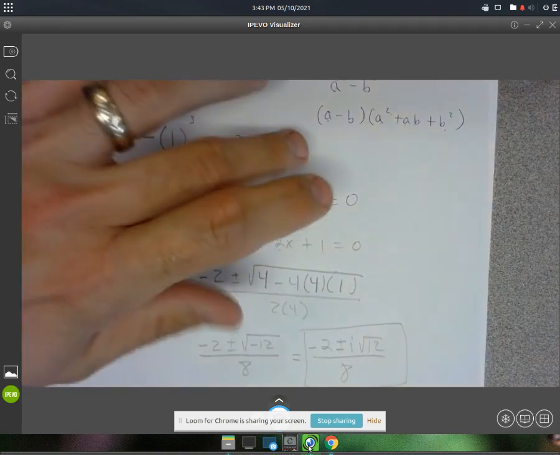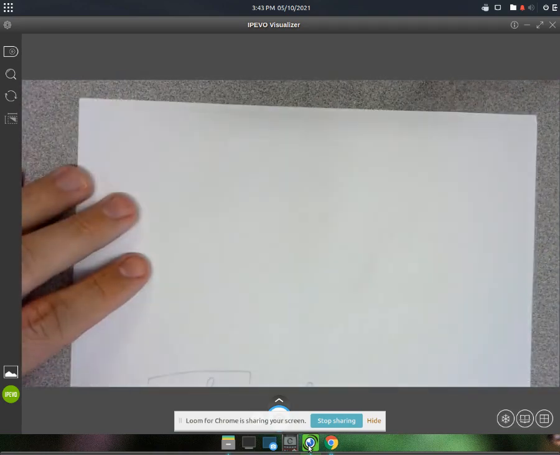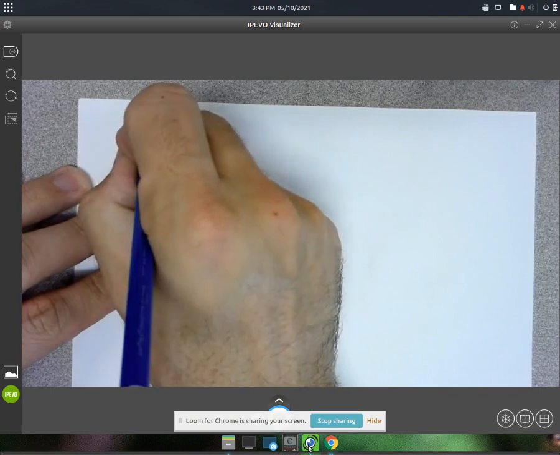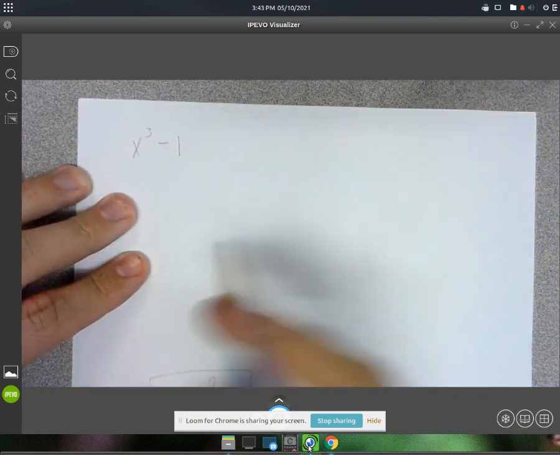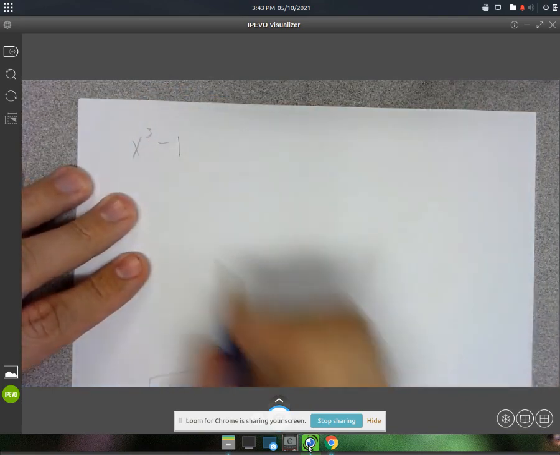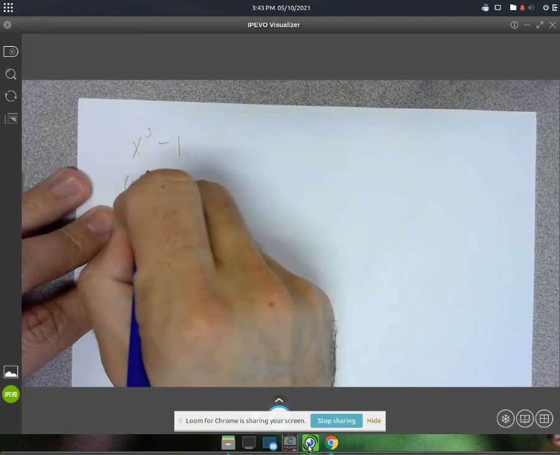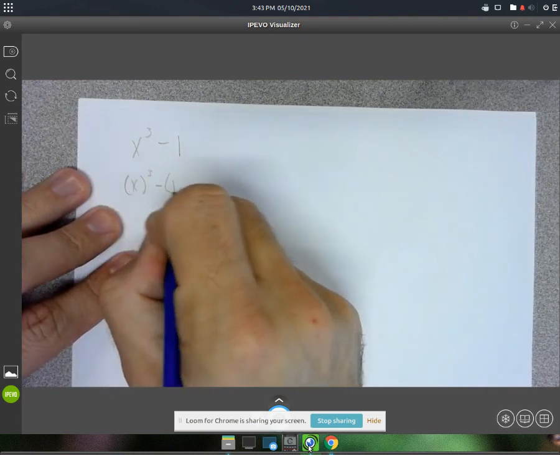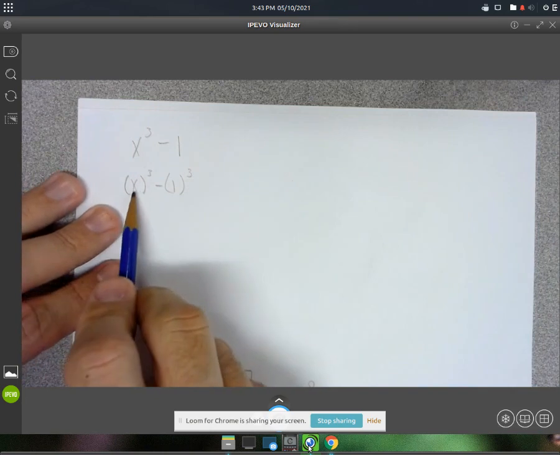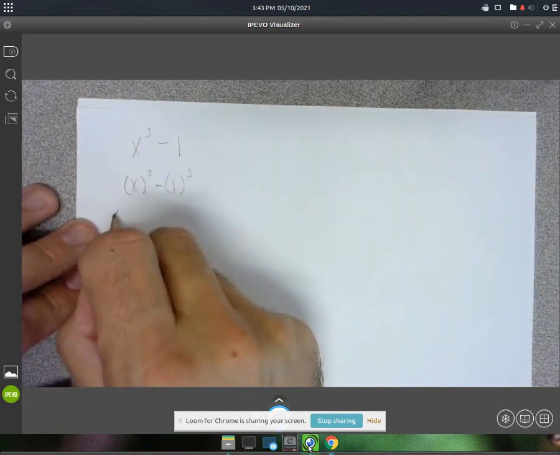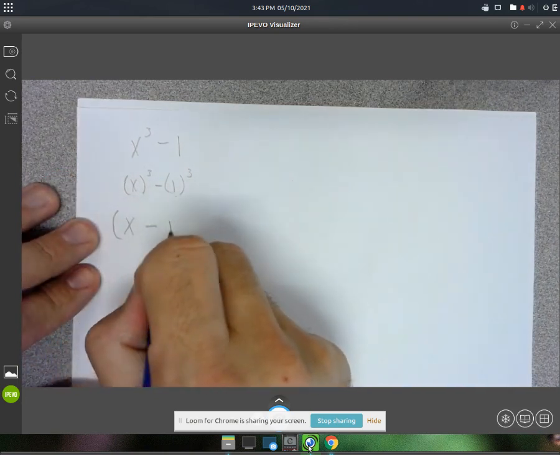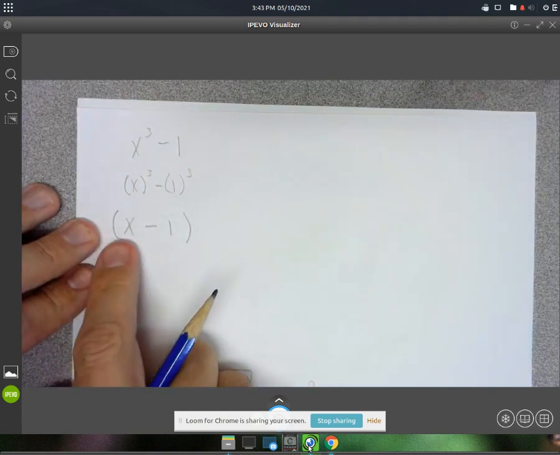So as far as factoring your x cubed minus 1, just the factoring portion of this, you've got x raised to the third power and a 1 raised to a third power. So this is your a and your b. It's just going to be x minus 1. All right, this is like your a minus b.